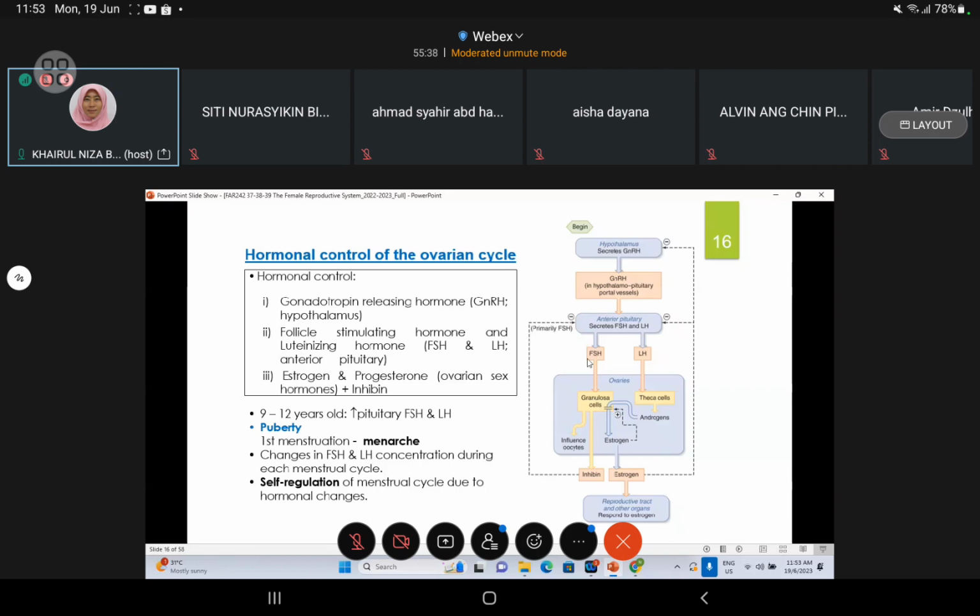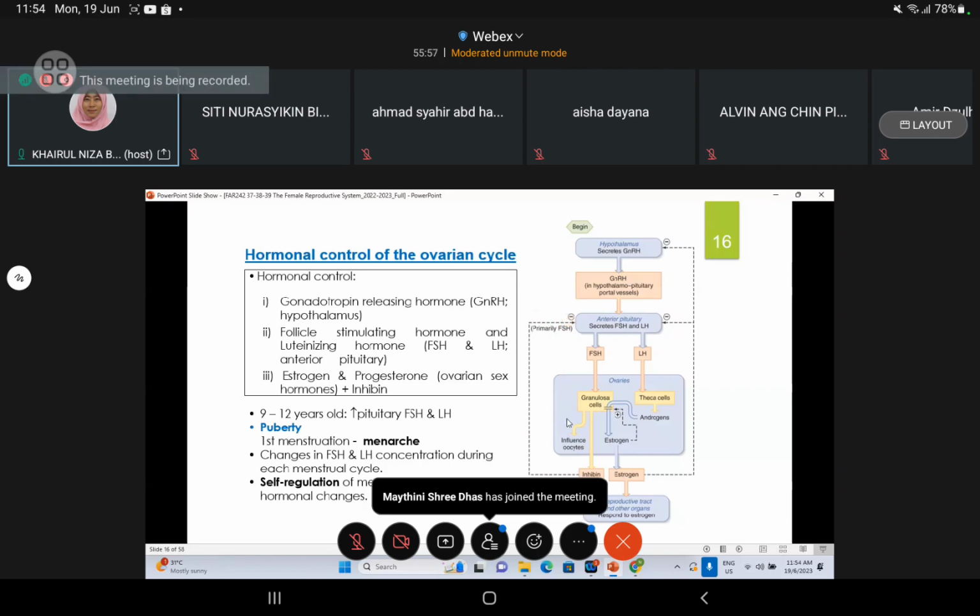FSH from the anterior pituitary then acts upon the granulosa cells. The granulosa cells start to secrete inhibin, which then inhibits the secretion of FSH once it's no longer needed. It is also involved in influencing oocyte growth.